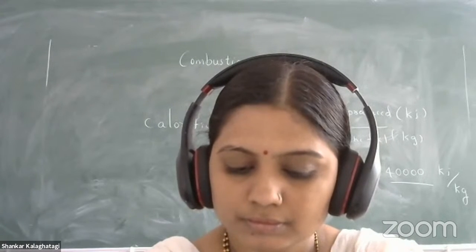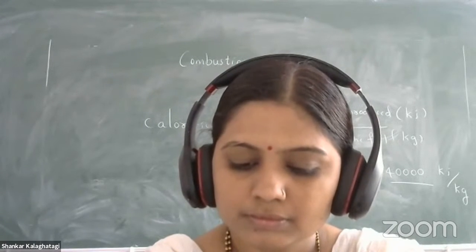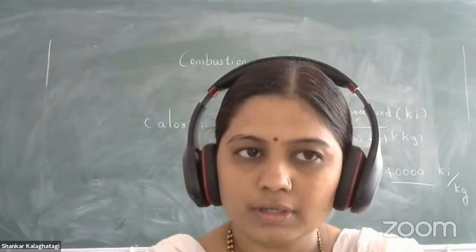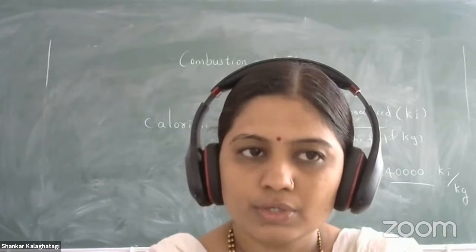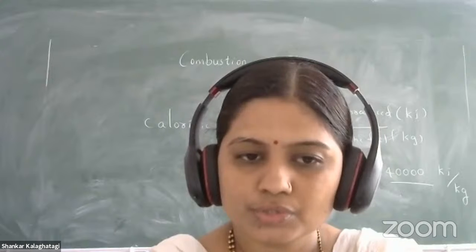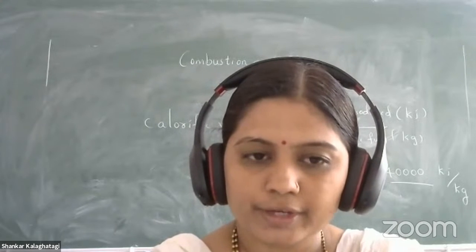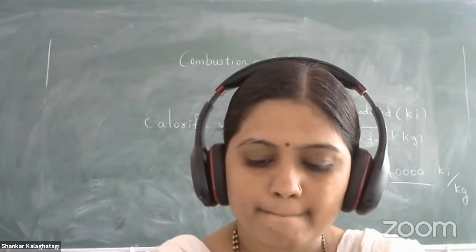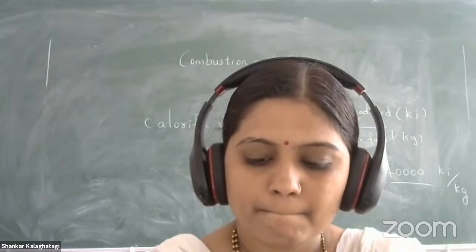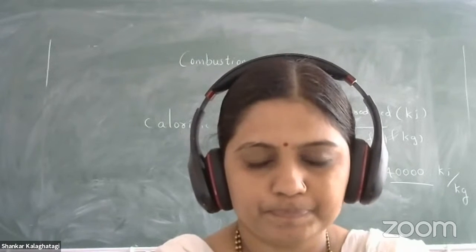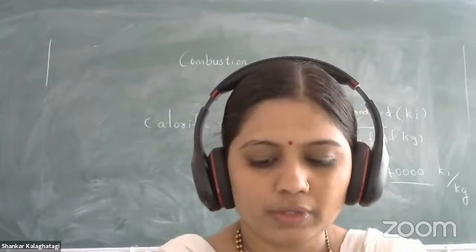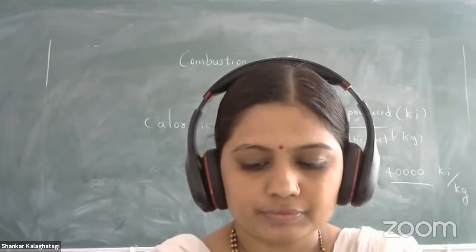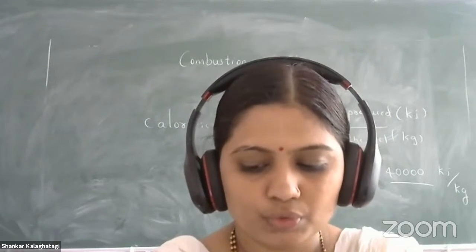Fire extinguisher. What do we have to use to extinguish fire on electric appliances? Carbon dioxide, CO2. We have to use CO2 there.